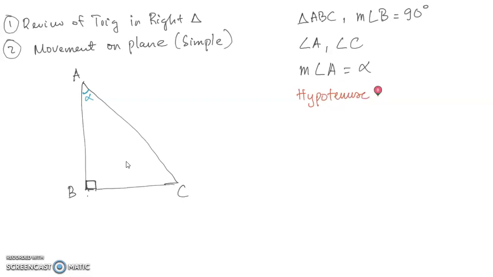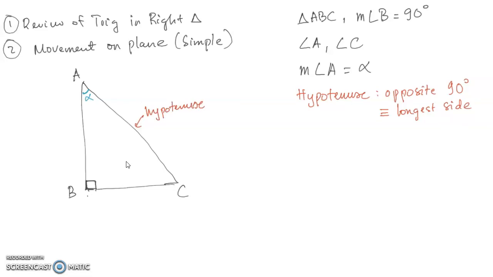It also means that it is the longest side in the triangle. So in this case, AC is the hypotenuse of this right triangle ABC.